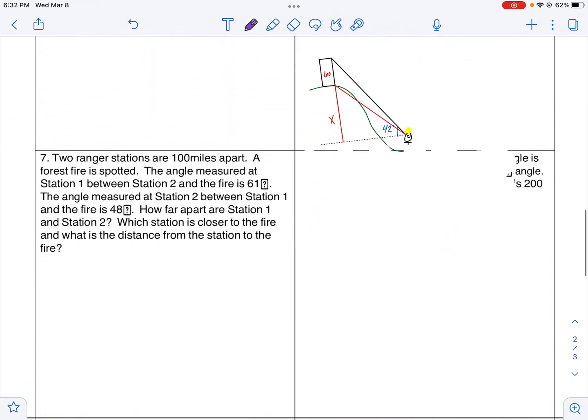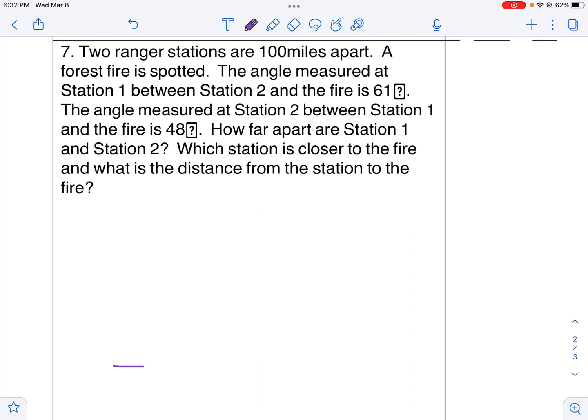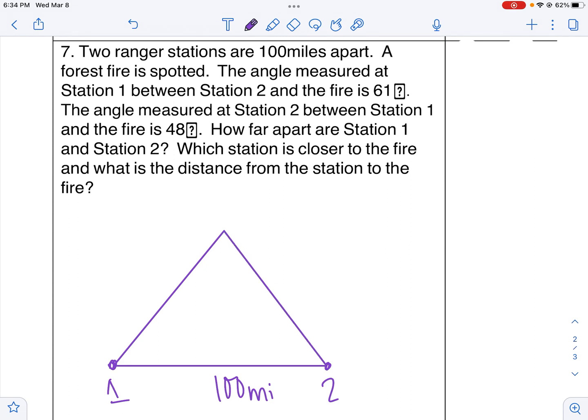Same idea for the ranger stations here. Two ranger stations 100 miles apart. Let's call it station 1, station 2. The angle from station 1 to the fire.